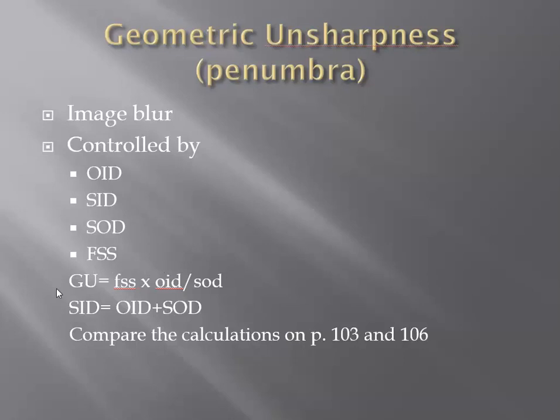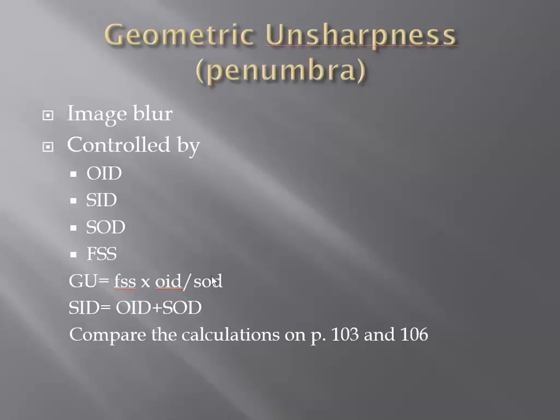Focal spot size, geometric unsharpness. So we've got focal spot size times OID over SOD. This right here is where people have a tendency to fall down. They don't calculate source to object distance properly. So source to object distance is from the x-ray tube to the object.